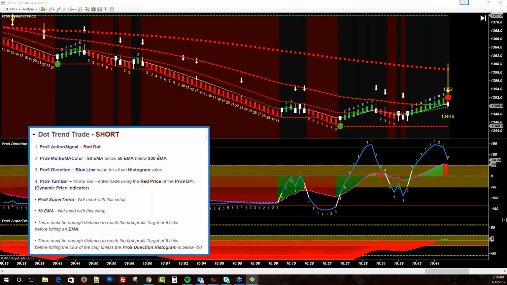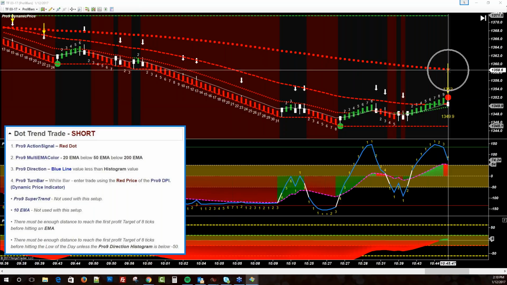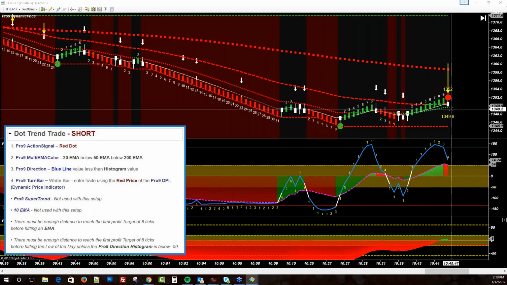so this time we'd be looking at a dot trend short. We are looking for a red dot, which will show up somewhere before this turn bar. So you'll have a couple bars warning that maybe I should be looking out for a dot trend. Once we see that, then we're looking for our EMAs to be in the correct order. And in this case, we're only looking for the 20, 50, and 200 to be in the correct order.